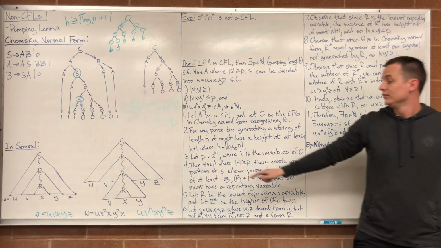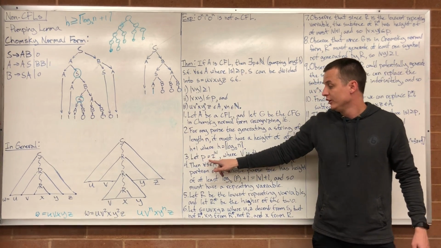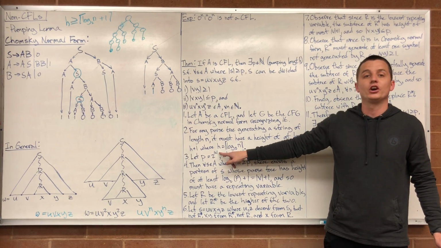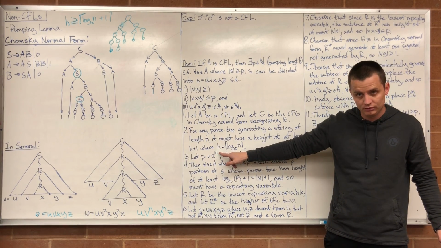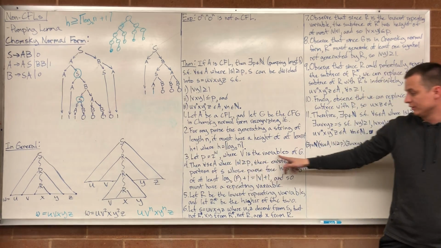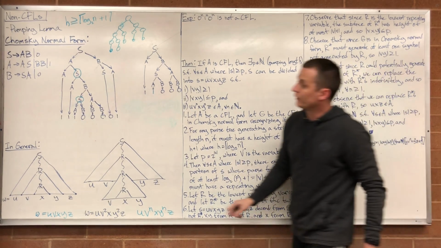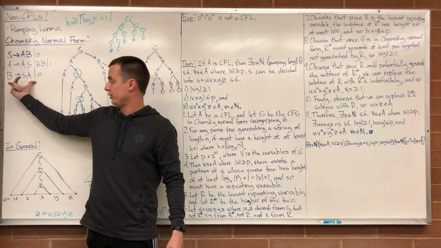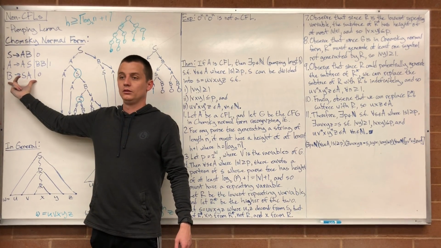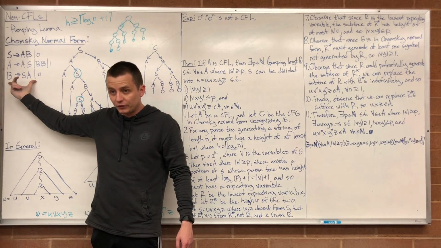So now, let P, our pumping length, be 2 to the power of the number of variables, where V is the variables in our grammar G. So over here, in this grammar, how many variables did we have? We have 3 variables.